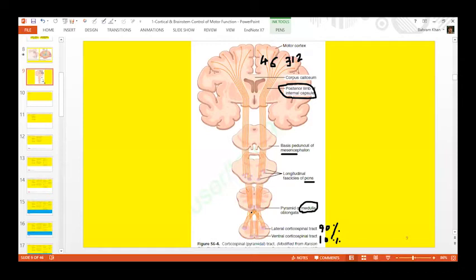So these are the descending motor pathways. The rest of the descending pathways are called extrapyramidal pathways. So all the other descending pathways except the lateral and ventral corticospinal tracts are labeled as extrapyramidal pathways.